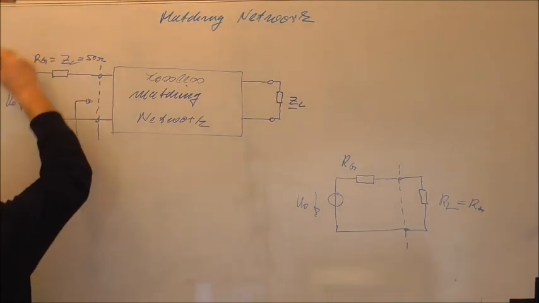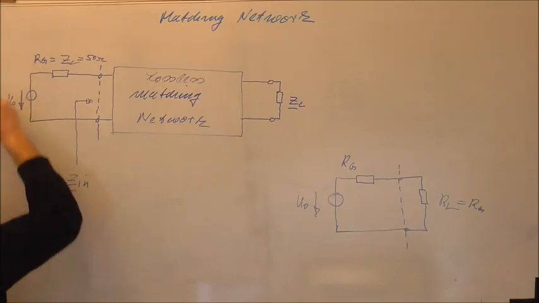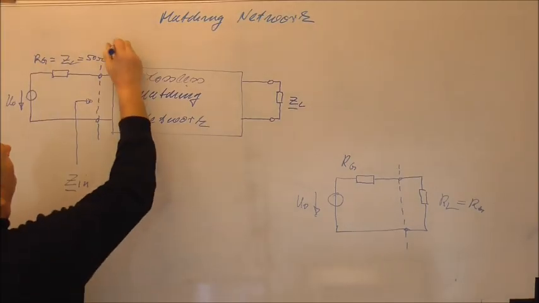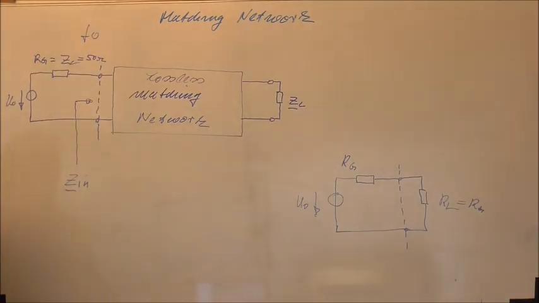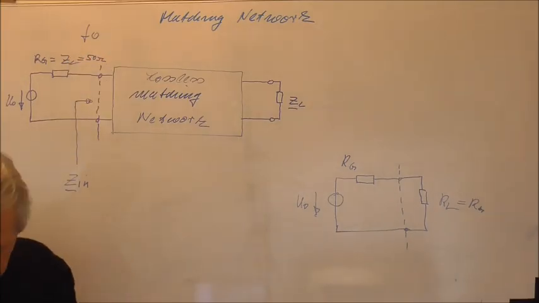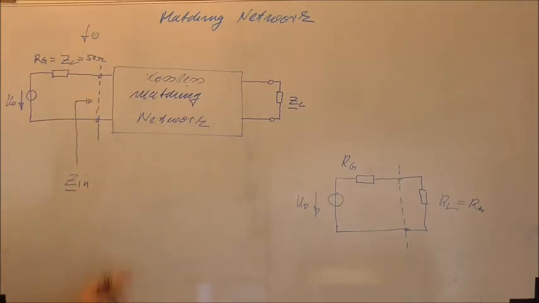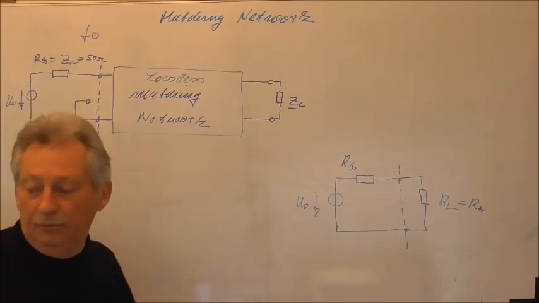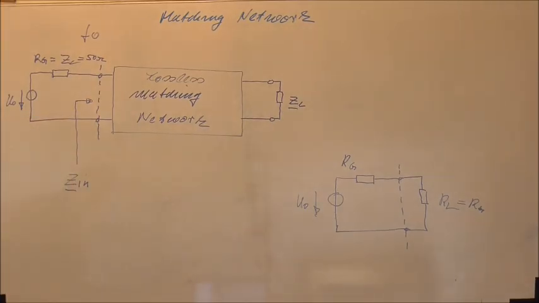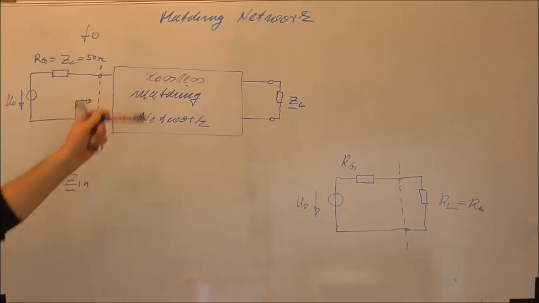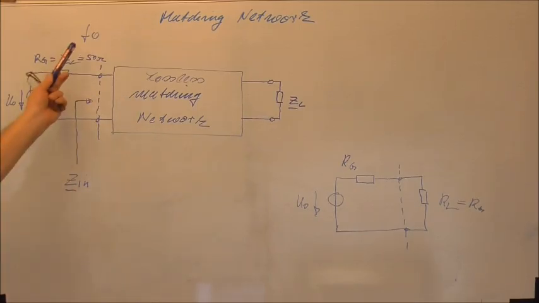So we will operate at a certain frequency F naught here, of course. So our circuit will really operate at a certain frequency, say, for example, 100 megahertz. So what must be the property then of the input impedance I see into my matching network at this frequency?